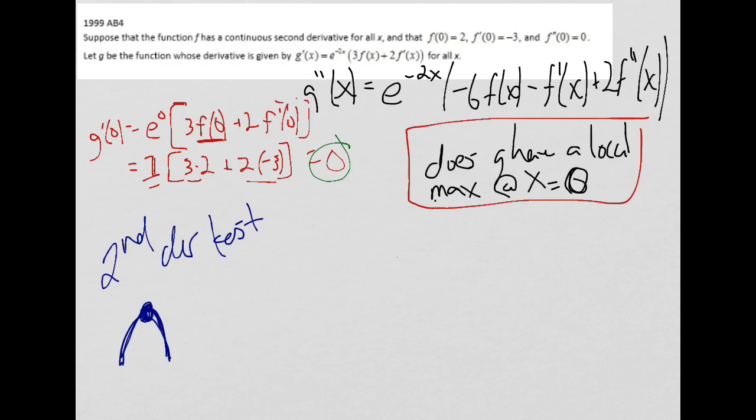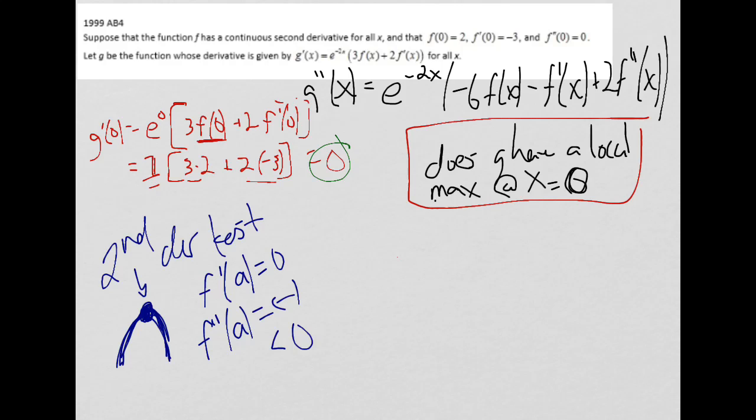So anyway, the second derivative test says that if f prime of some value is 0, well, that would make it flat right there. And it's concave down, that makes it have a maximum. So if f prime of a is 0 and f double prime of a is equal to a negative number, or more formally is less than 0, then we get a maximum.